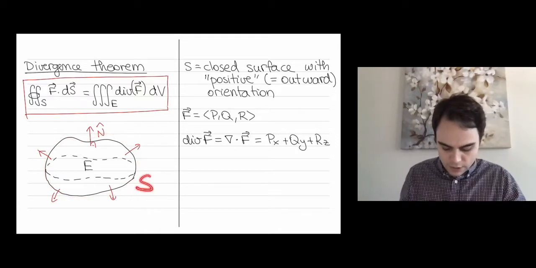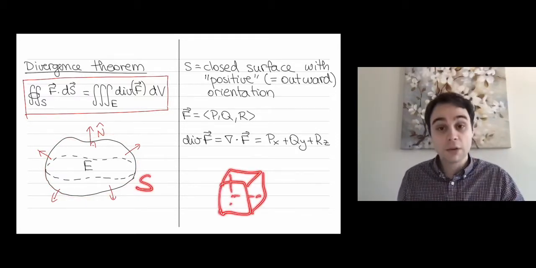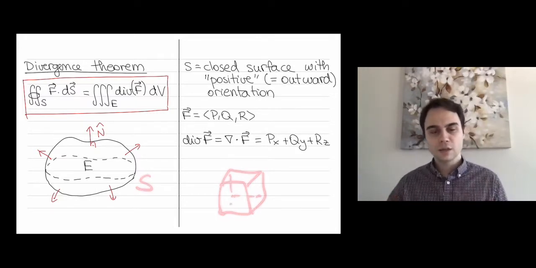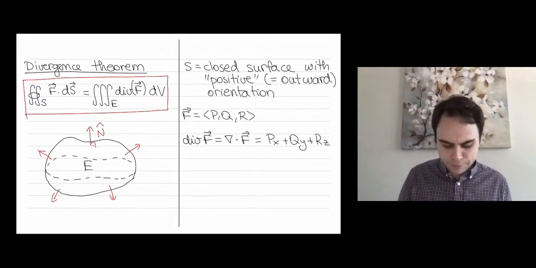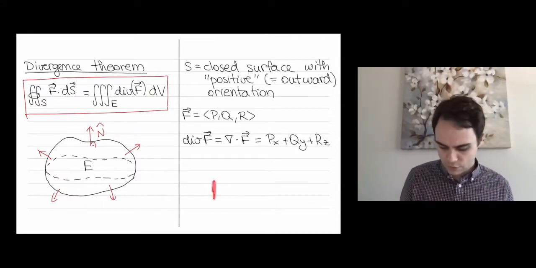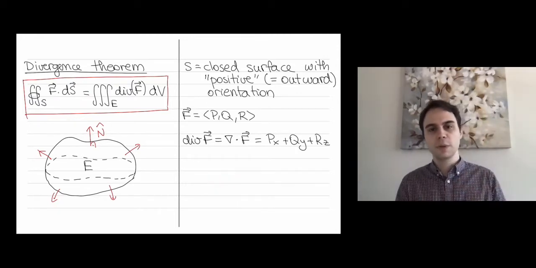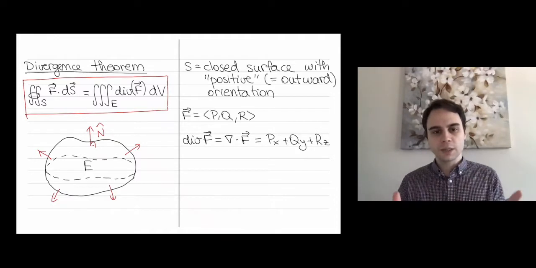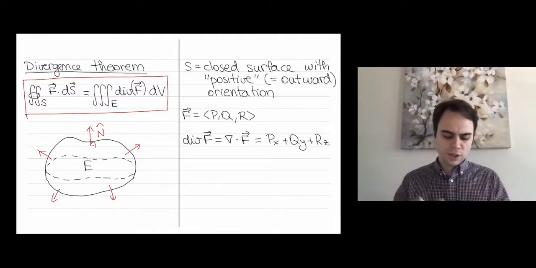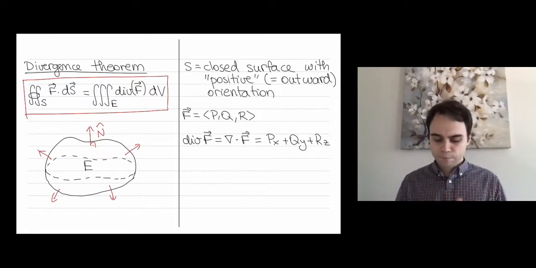Before, I had the 6 faces of the box, and that's a closed surface. But if I had only 5 faces, that wouldn't be closed. It has to separate 3-dimensional space into 2 connected regions, the inside and the outside. And a closed surface does that.